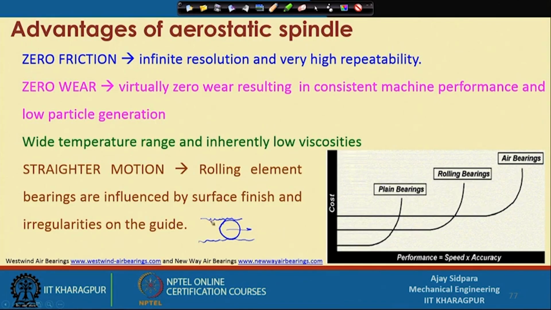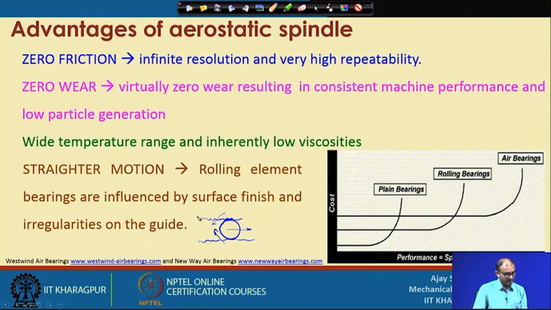But if it is very rough, this contact will wear the surface and start eroding because of abrasion wear, and then it will create a problem. But small irregularities on the surface will not make much difference here, because air is what suspends the two surfaces, not physical contact.